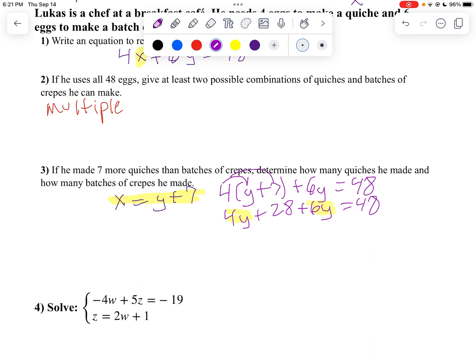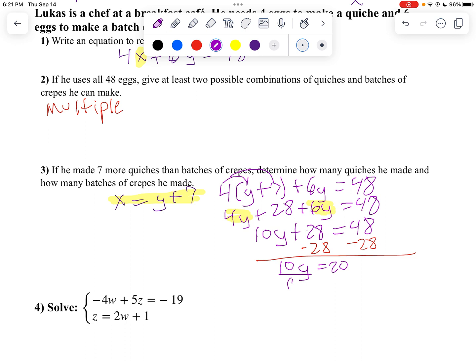So I'm going to say 10y plus 28 equals 48. So let's move the 28 over, subtract 28 from both sides, and 10y equals 20. Divide both sides by 10. Y is 2. So he can make 2 crepes.